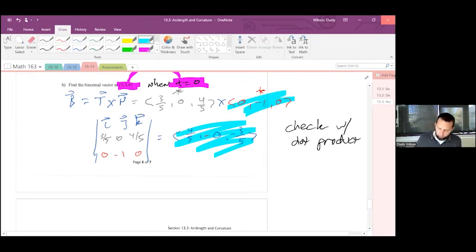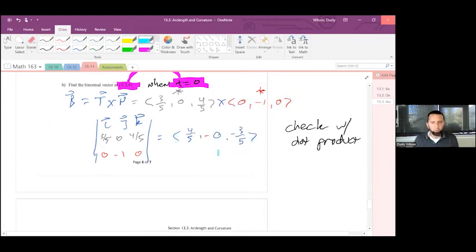That one's 0 as well. So my cross product seems to be at least perpendicular to the two vectors that I started with. I can conclude that my binormal vector at the point 0, 3, 0, or at time equals 0, is equal to (4/5, 0, -3/5).